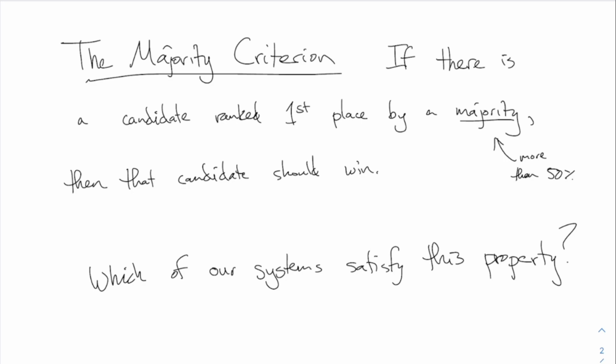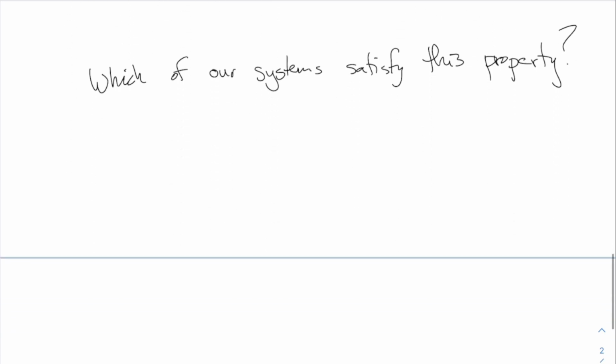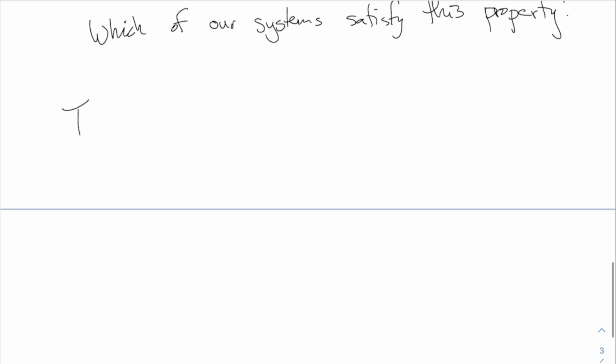Which of our systems satisfy this property? I would like to talk about this in general. A typical test or homework question would ask: does the ranked choice satisfy the majority criterion? And you have to explain either yes it does, or why it doesn't. To show a certain system satisfies this, and you should expect to see a question like this on our test, for example.